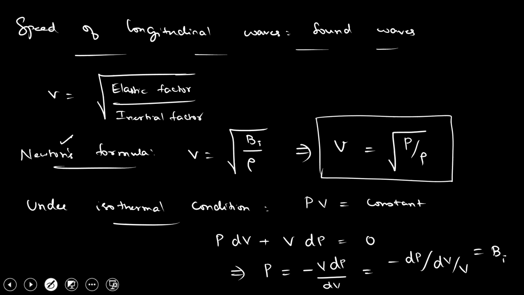Newton. That's why it's called Newton's formula. So two important points I want you to remember. For Newton's formula, we assume that sound travels in air medium under isothermal conditions. Second, under isothermal condition, bulk modulus is exactly equal to the pressure. Numerically, it is equal to the pressure. Take that value and substitute it. Okay. So this will be the required expression.